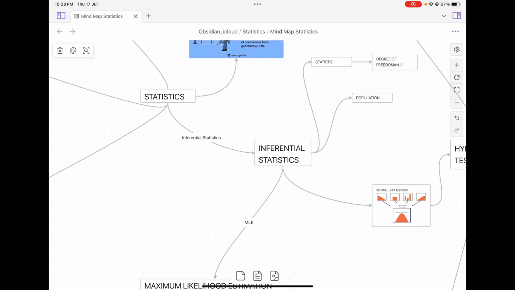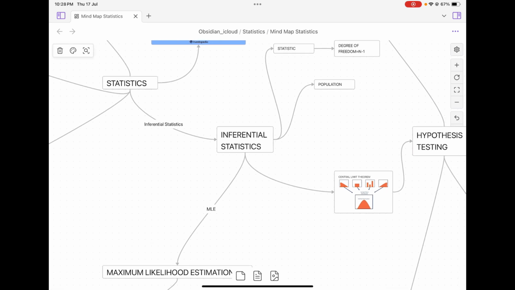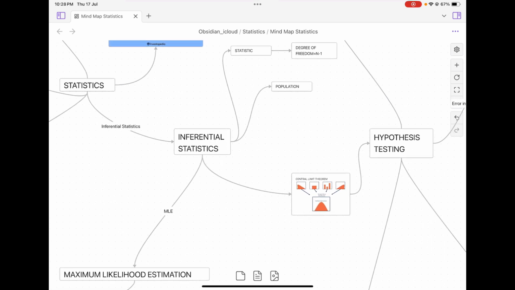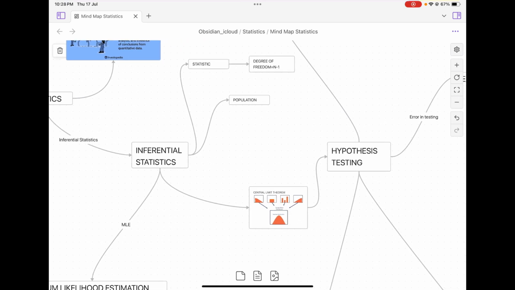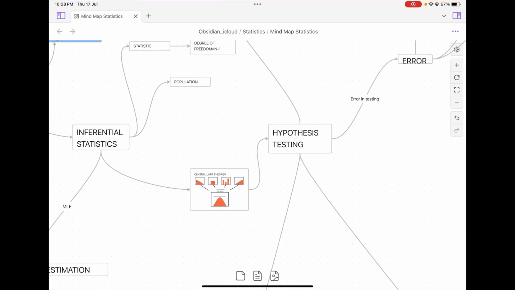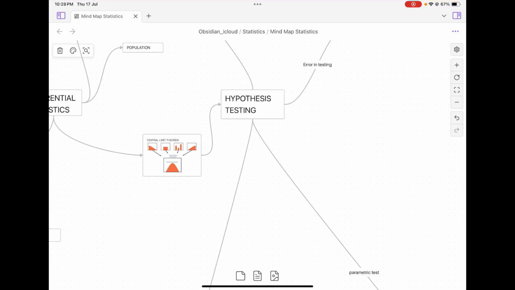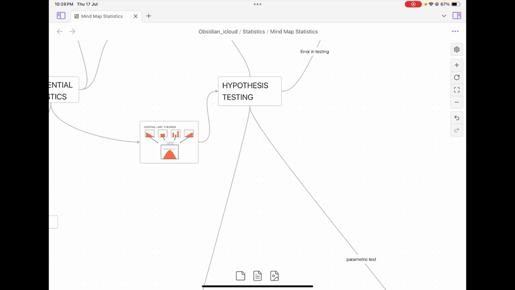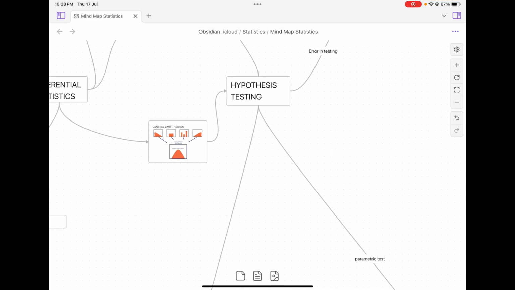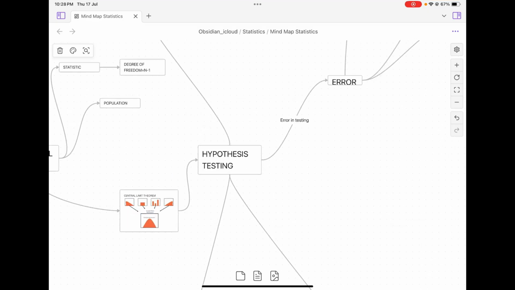That is the most important part, the foundation of machine learning. In inferential statistics, we will learn about various types of hypothesis testing. There are several types of hypothesis testing, like parametric and non-parametric. That depends upon the type of data.